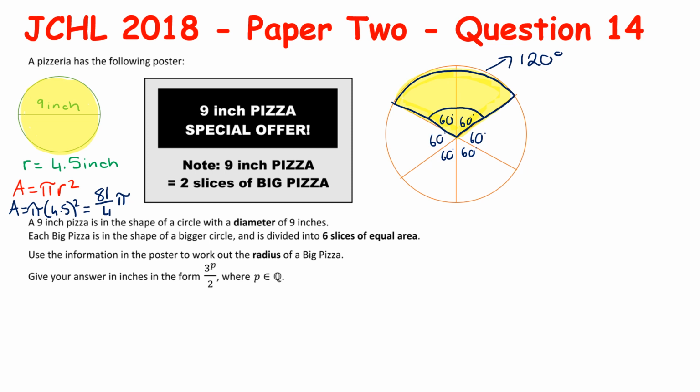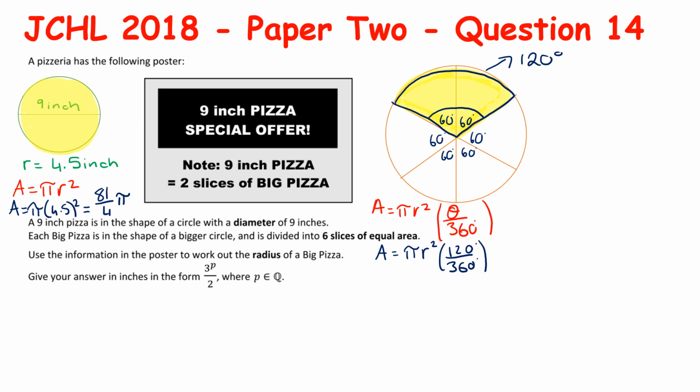So then we're going to do the area of the sector over here. So that's pi r squared theta over 360. So that area is going to be pi times r squared. That's what we're looking for. And that's 120 over 360. Now 120 over 360 simplifies to a third.